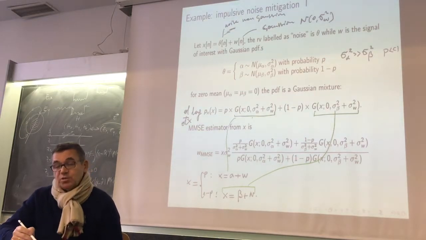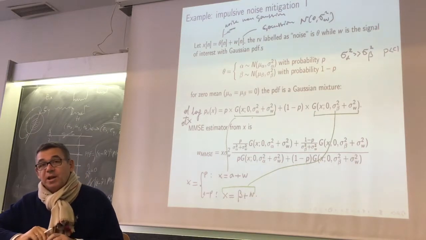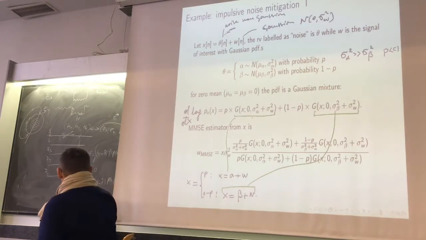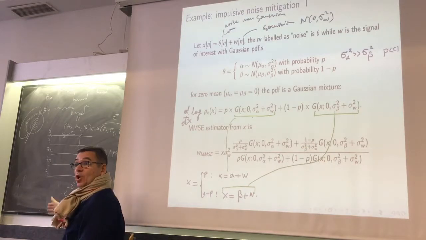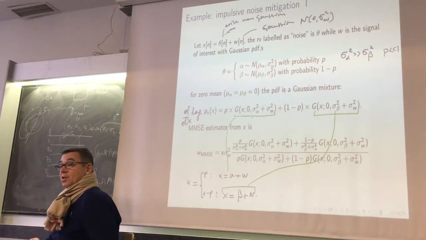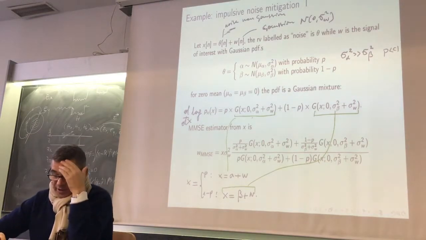So I have a Gaussian, so the logarithm of a Gaussian. Since the Gaussian is an exponential of minus x squared divided by the variance, when I take the logarithm, the exponential goes away. And you compute the derivative for that.